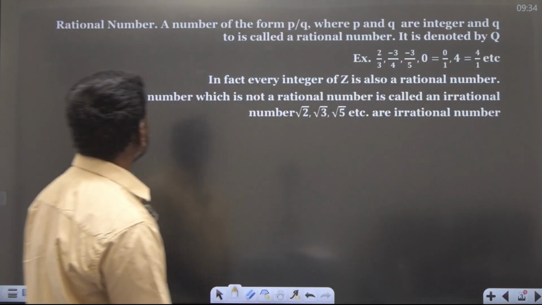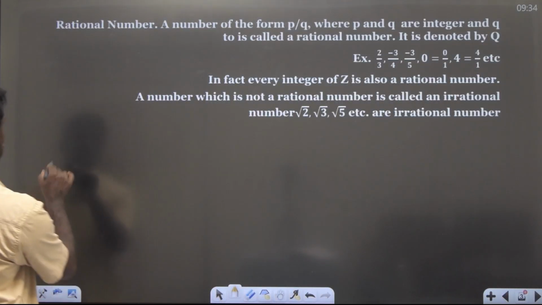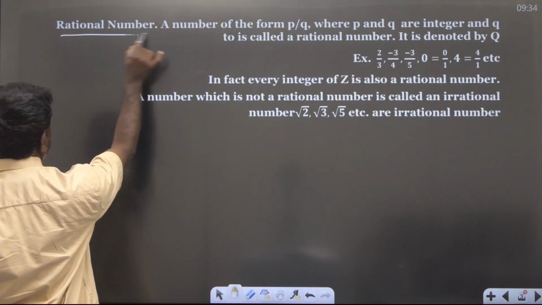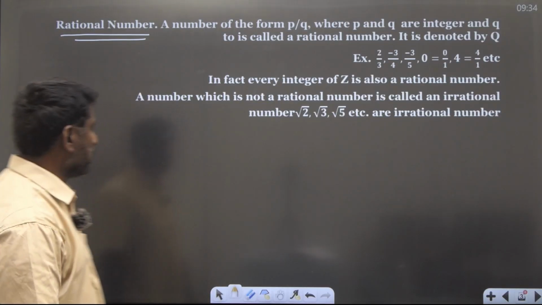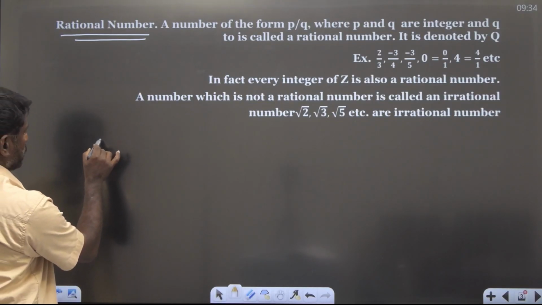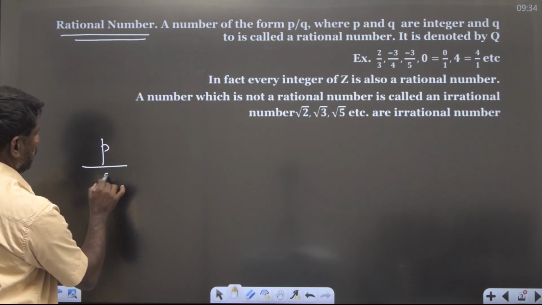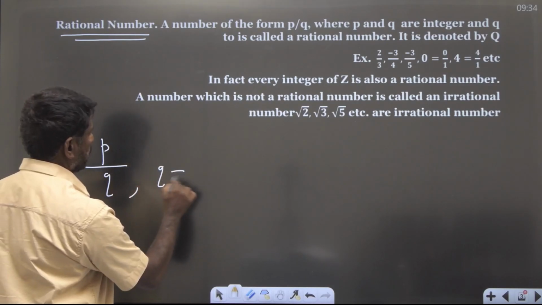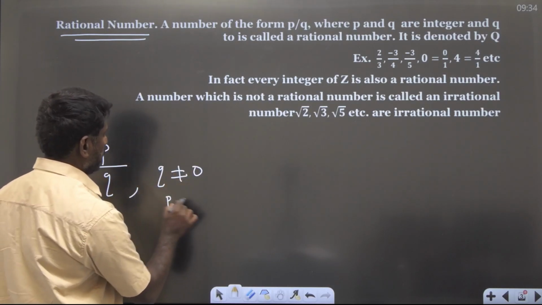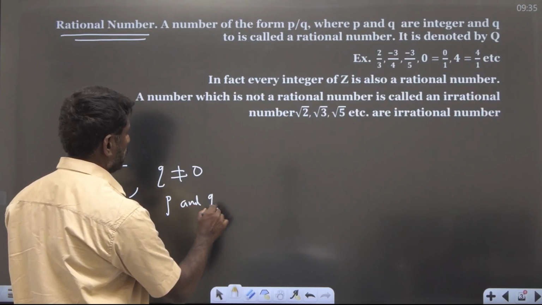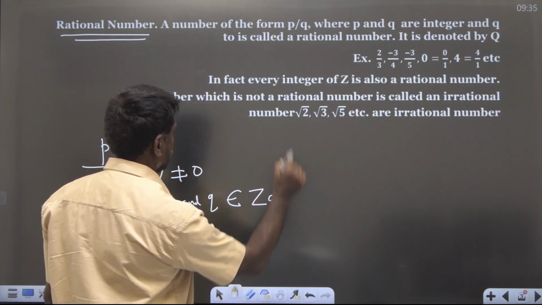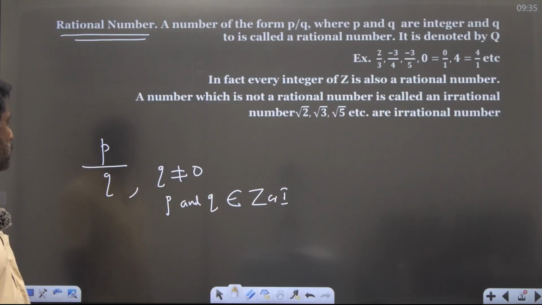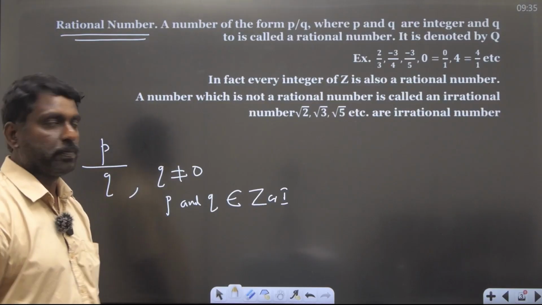The next is rational number. What is a rational number? Rational numbers are the numbers which can be expressed in the form P by Q, where Q is not equal to 0, and P and Q belong to Z or I. This form is a rational number.